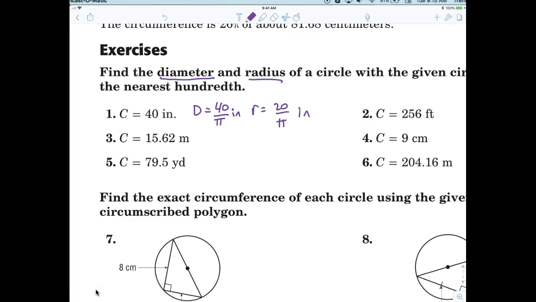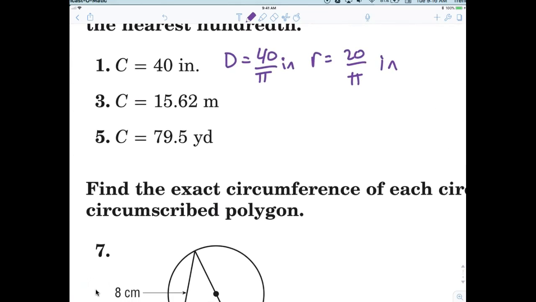Like I said, it's not a big deal for me on your calculator. Personally, I would just like for you to leave it as 40 over pi. If there was a multiple choice answer and you had to round it, you would just go ahead and divide it out on the calculator. I think you guys are understanding. So question number 3, the diameter would be what?